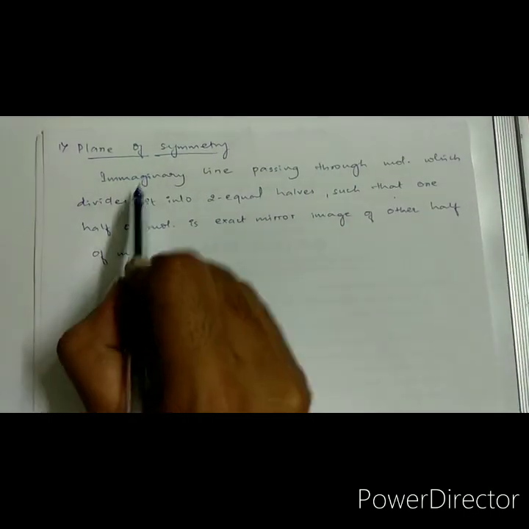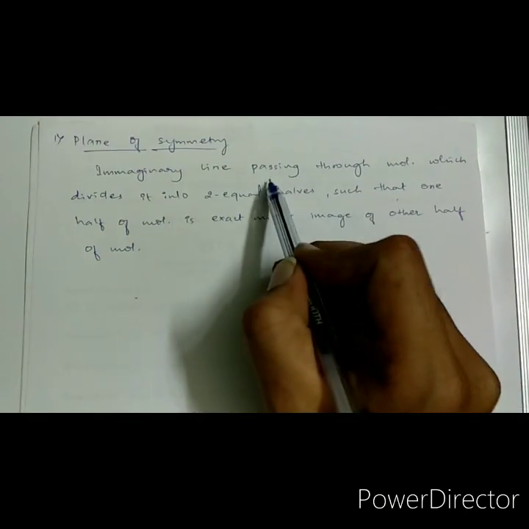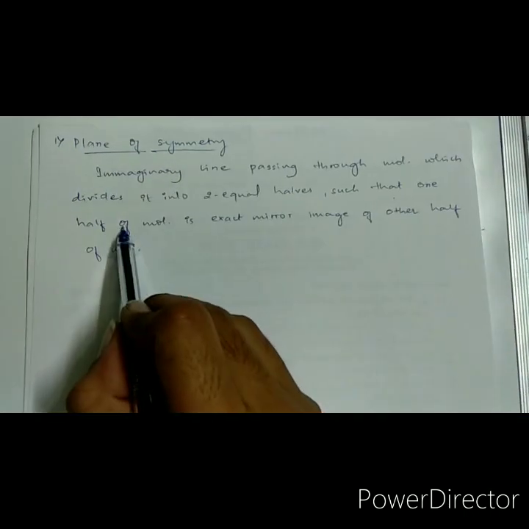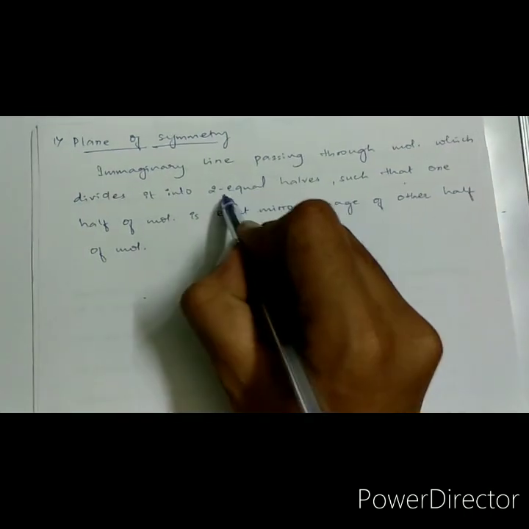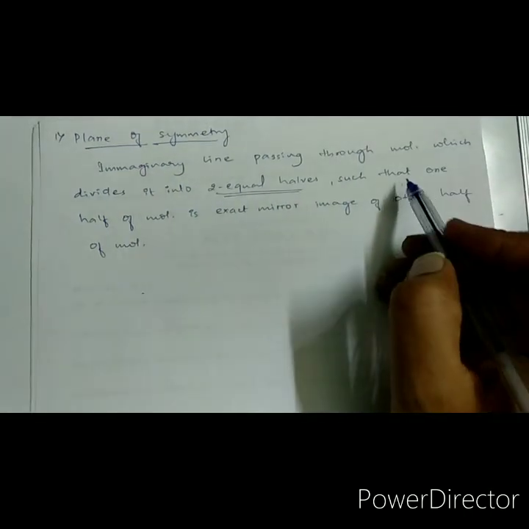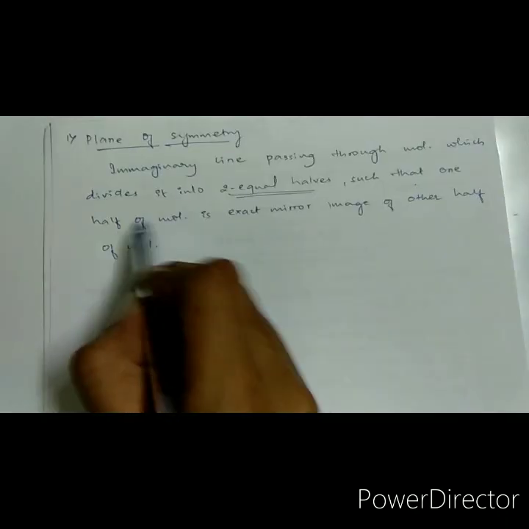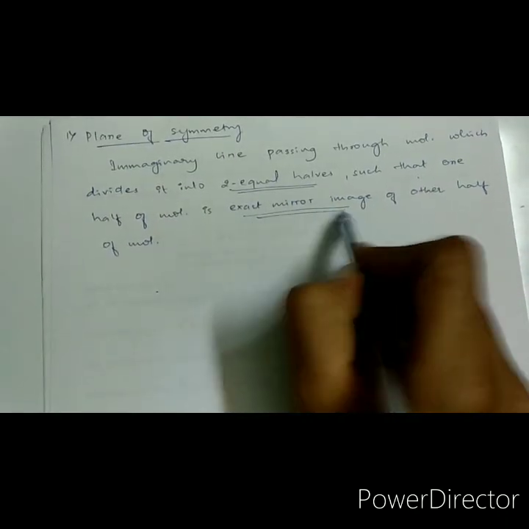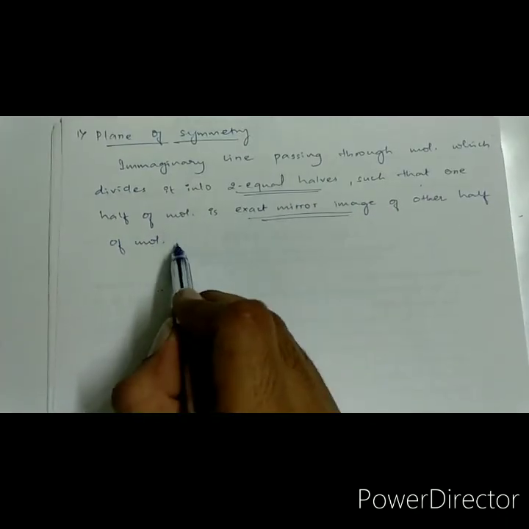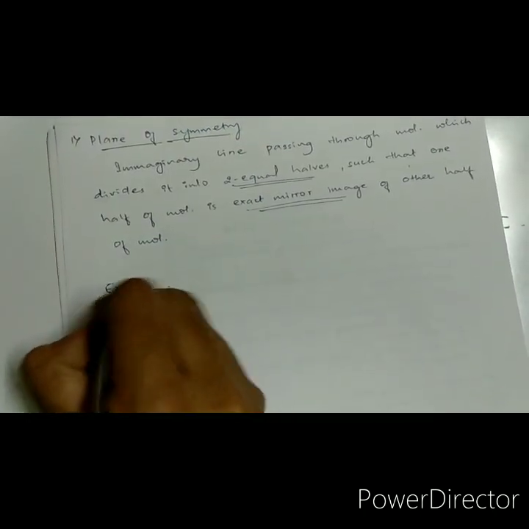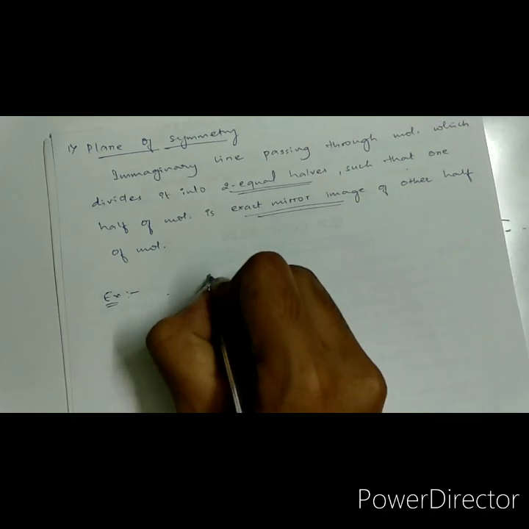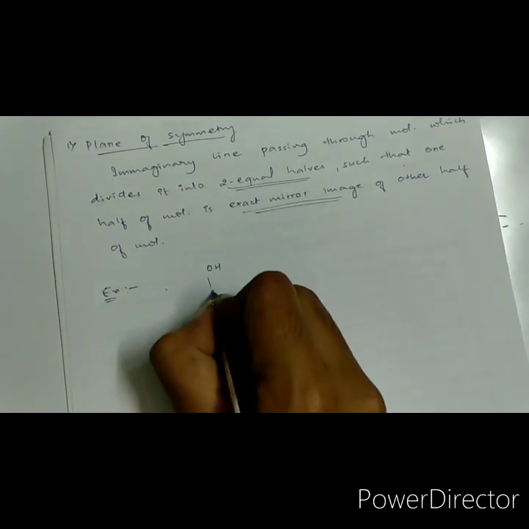A plane of symmetry is an imaginary plane that passes through a molecule and divides it into two equal halves, such that one half of the molecule is exactly the mirror image of the other half. So let us see an example.